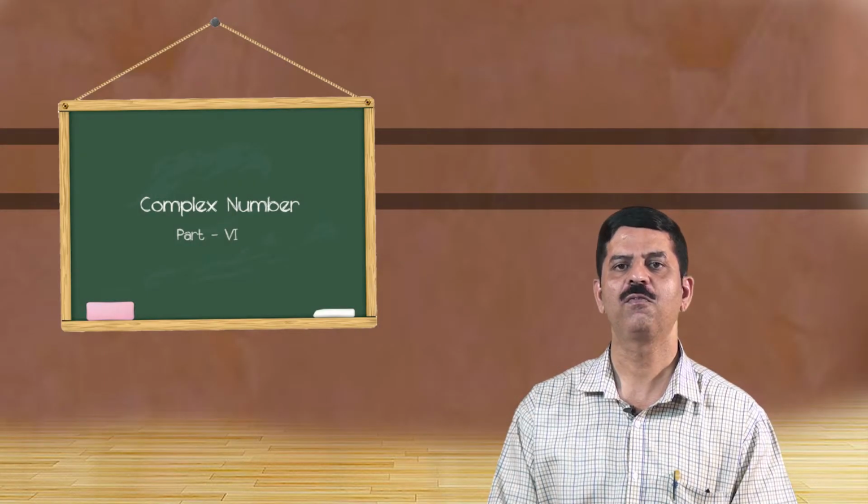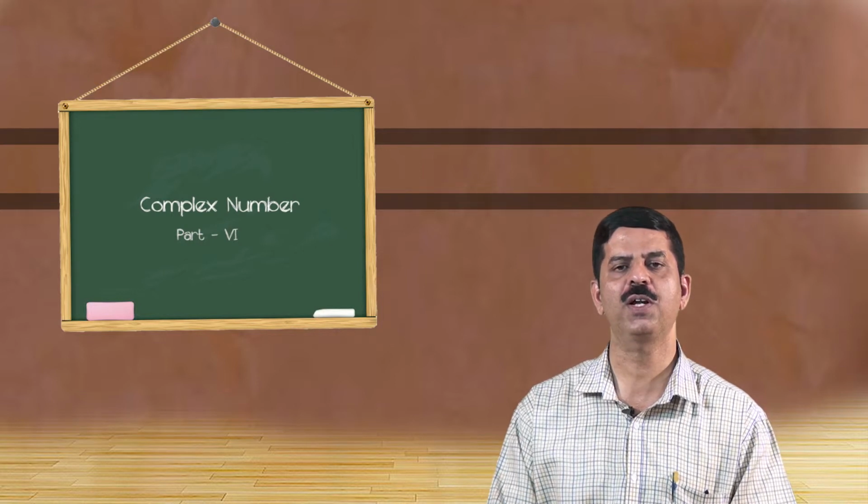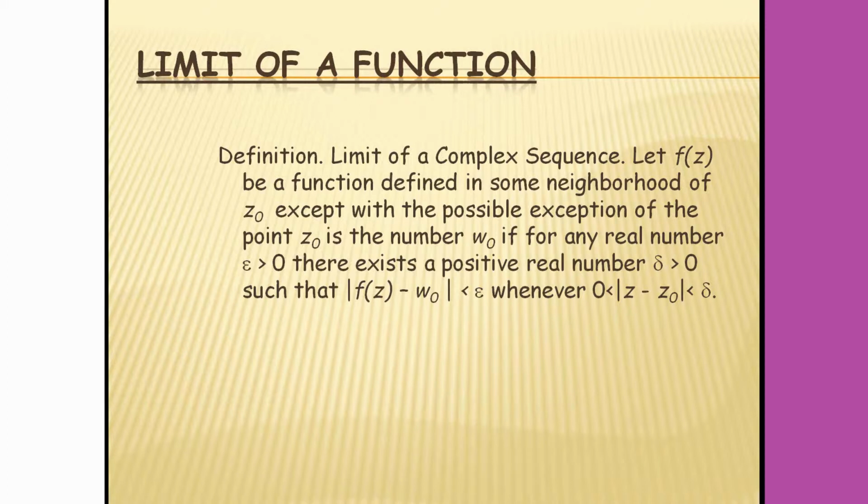After studying functions, a very important concept in complex numbers is the calculus of complex numbers, that is, the limit of a function. As you have studied in the set of real numbers, the limit of a function, we will also study in the set of complex numbers.